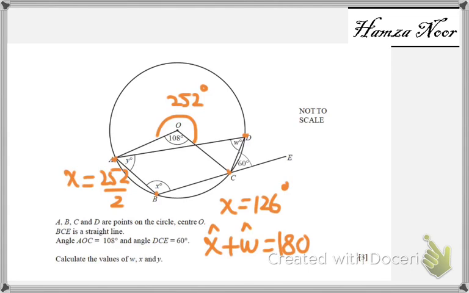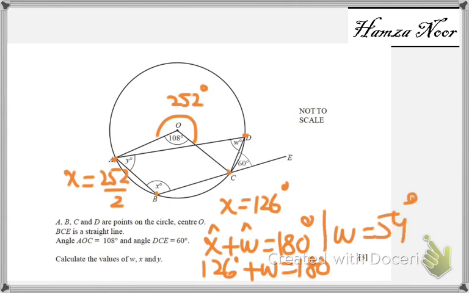Therefore X is 126, and you can find the value of W. W is equal to 54 degrees.